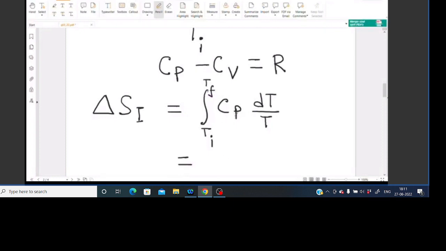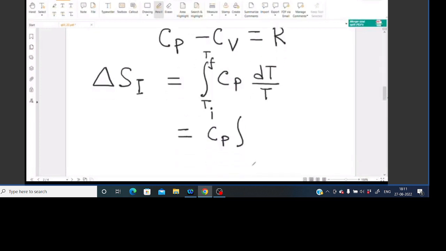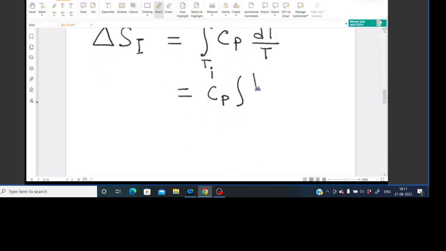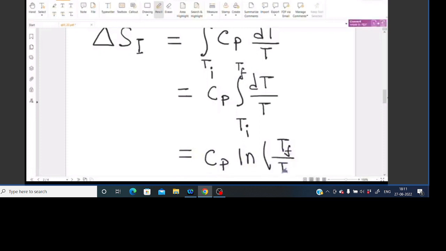As Cp is independent of temperature, we take it outside the integral. After integrating, we get Cp log Tf by Ti. So this is the change of entropy in process 1.